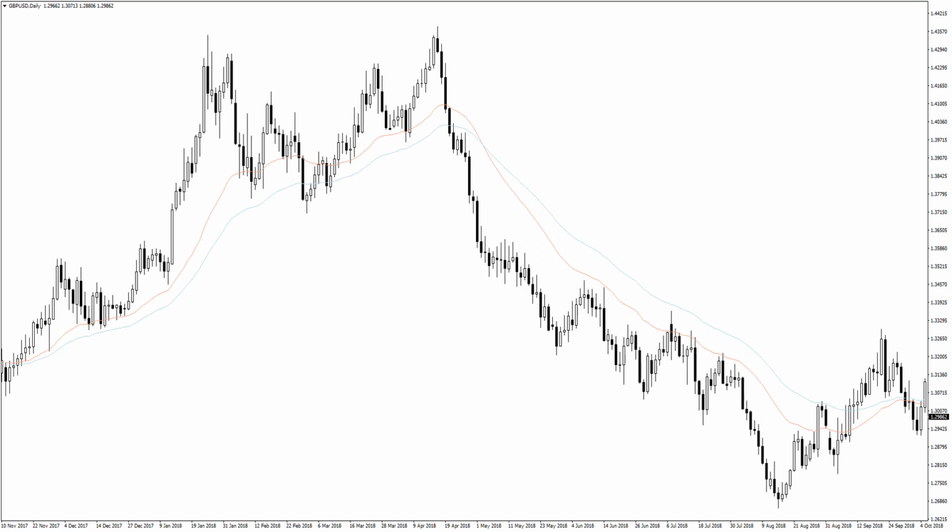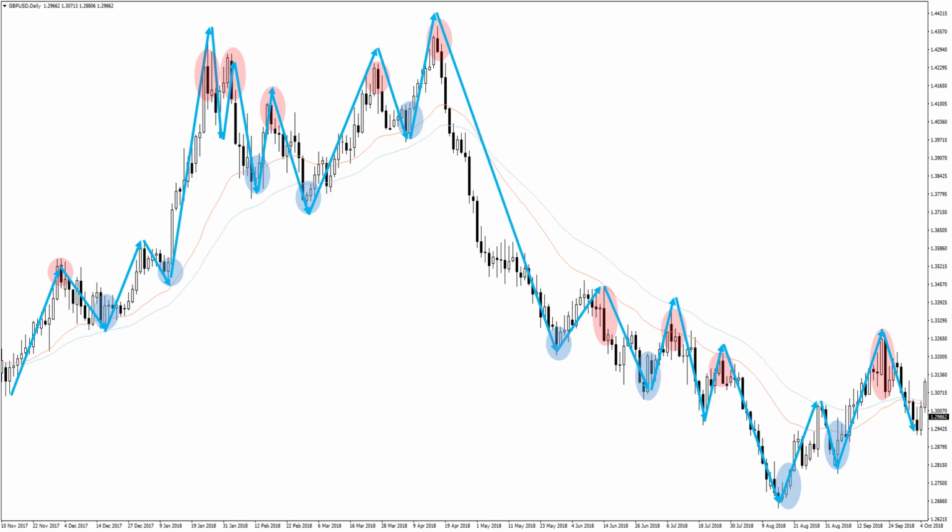Okay, so here you can see a daily price action chart of GBP/USD. Now you will notice that the chart is very predictable because of its smooth and clear price action patterns. When a bearish candle appears after a series of bullish candles, or when a bullish candle appears at the bottom after a bunch of bearish candles, then you can predict that the market is going to reverse and change its direction.